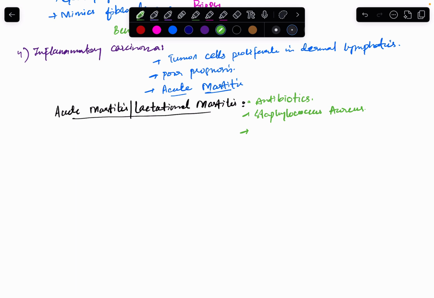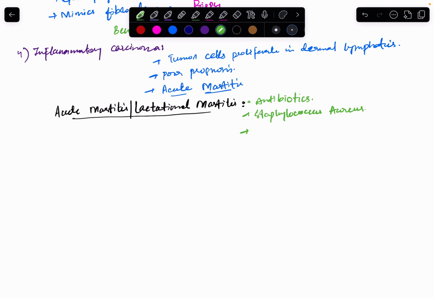So you can mistake inflammatory carcinoma and acute mastitis. They look the same because in both of these conditions there is inflamed and swollen breast. So you will prescribe antibiotics to that mother, but you will not leave her like that. You will advise her to visit you after 5 to 10 days. If that female's condition was acute mastitis, then it will be treated by the antibiotics.